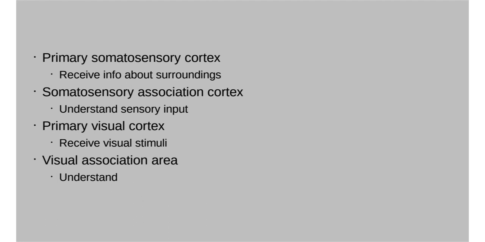When information comes into your primary visual cortex, that signal is then passed to your visual association area, where your brain compares that to anything that you've seen before, so that your brain can then decide, okay, that's an elephant, or that's a car, or that's a hamburger. So it's the primary visual cortex that receives stimuli from your eyes. It's your visual association area where you actually know what it is that you're seeing.